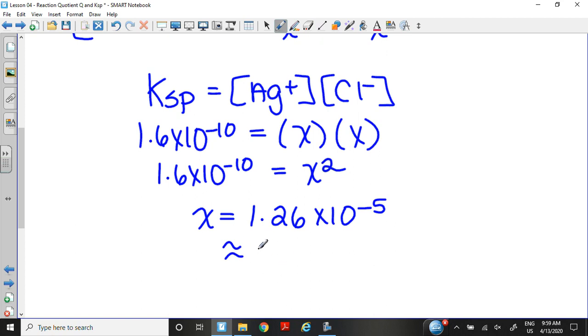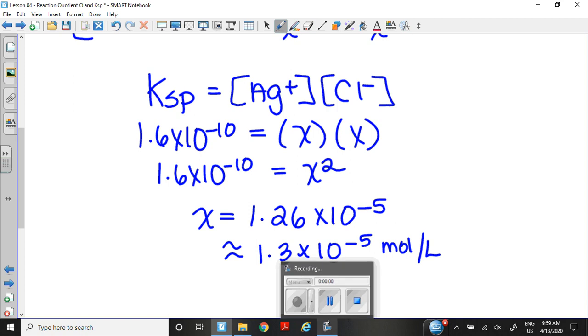And then when we round it, two significant digits should be 1.3 times 10 to the negative 5. And remember, because this is solubility, make sure you put in moles per liter. So that's our lesson on QEQ, our reaction quotient, and KSP, solubility product constant.